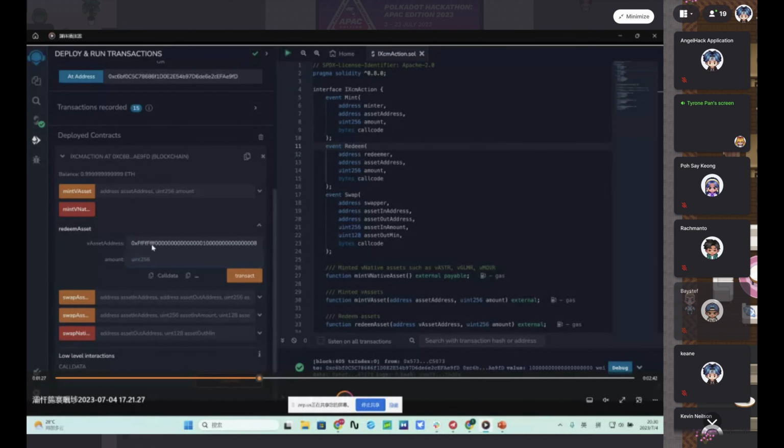So for this redeem asset, before the redemption you need to register the asset. In this recording it was registered before, so we take it straight.